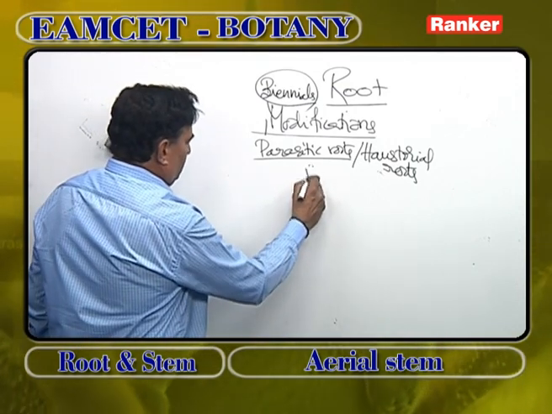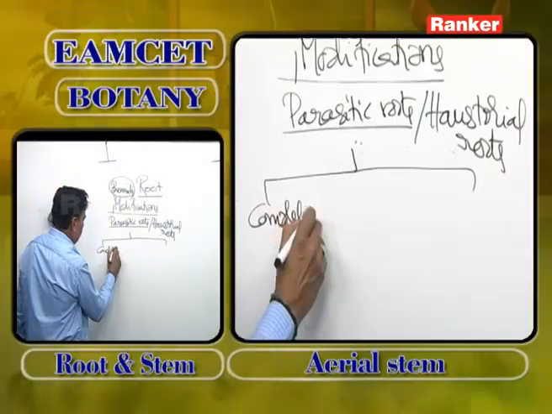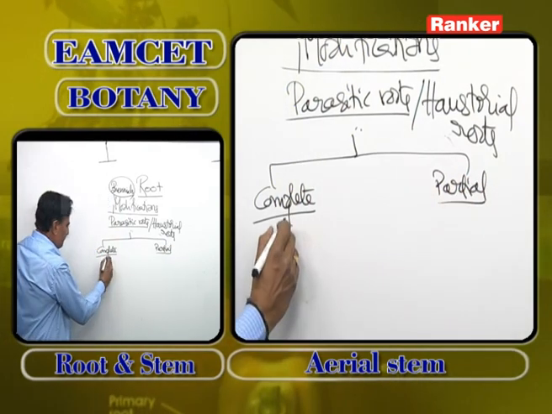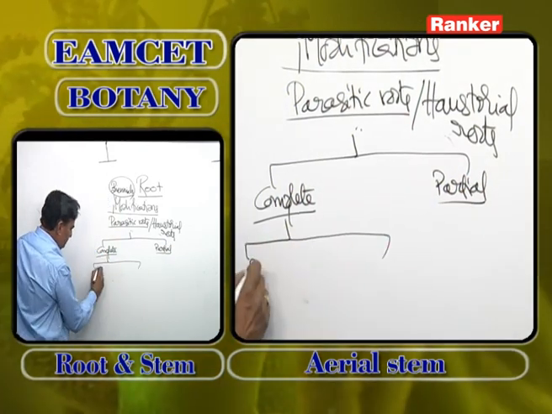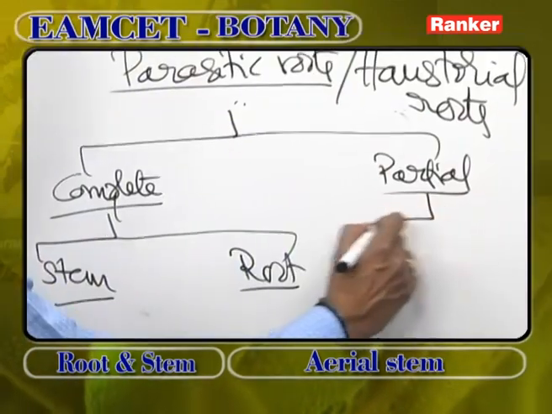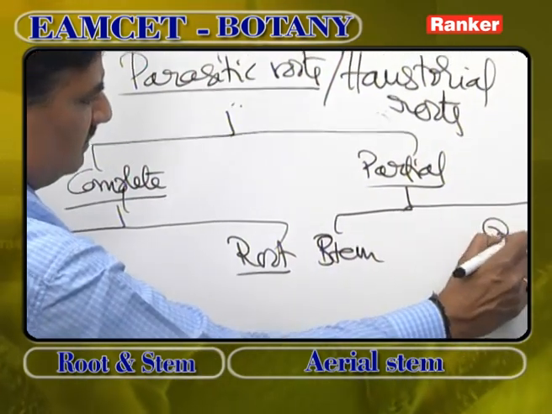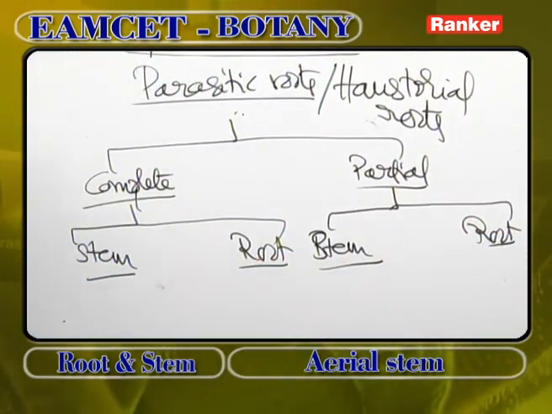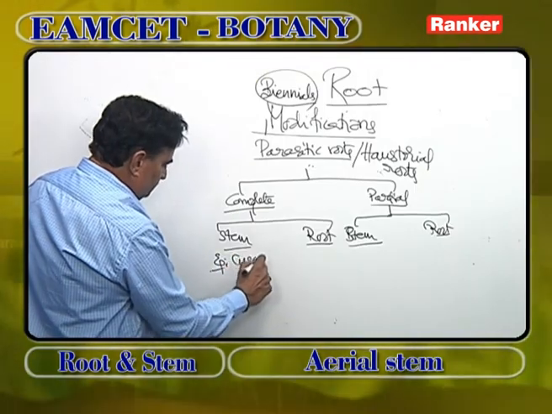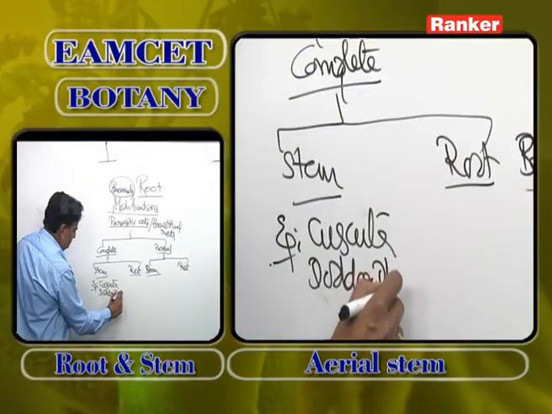Now, in these complete and incomplete parasites, there are some special examples. In complete parasites, there are two categories: complete stem parasites and complete root parasites. In partial parasites also there are two categories: partial stem parasites and partial root parasites. For a complete stem parasite, the best example is Cuscuta, which is popularly called the dodder plant.